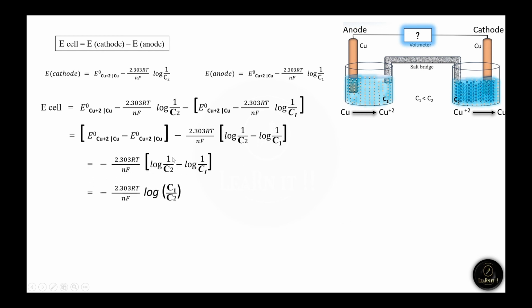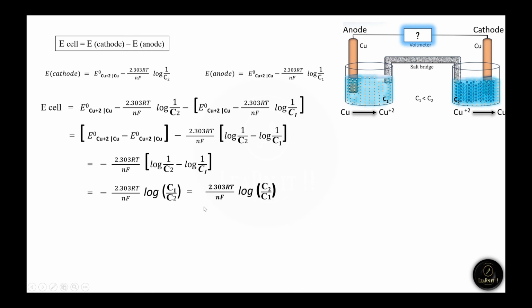So we know log of M minus log of N is equal to log of M divided by N. So minus 2.303 RT divided by NF log of C1 divided by C2. We know another logarithmic relation, that minus log M is equal to log of 1 by M. So here the minus sign goes up, so it flips the C2 up and C1 down.